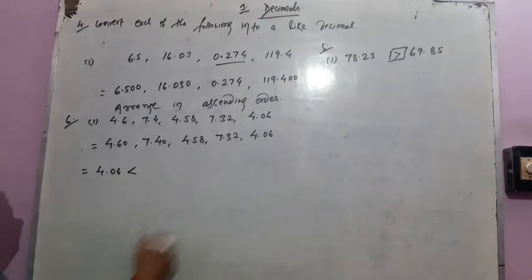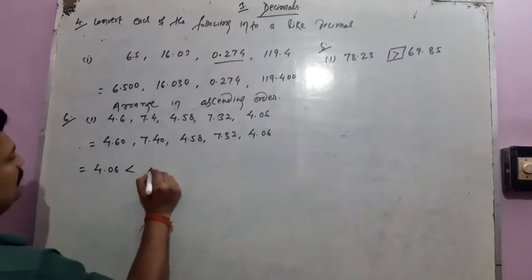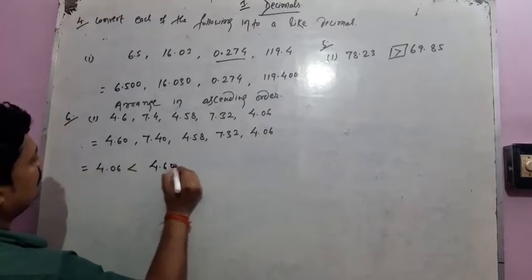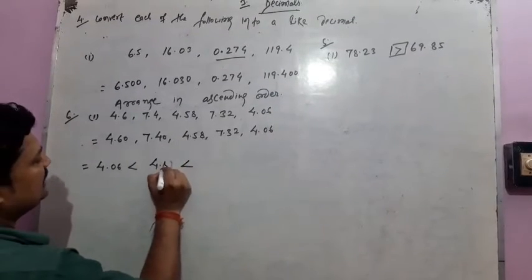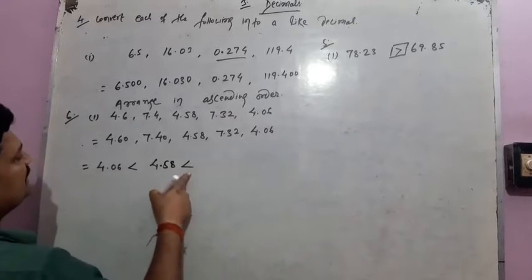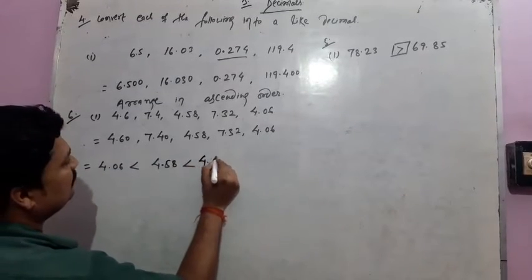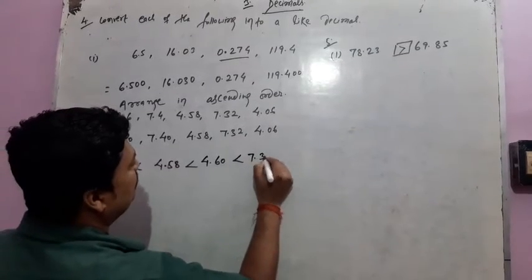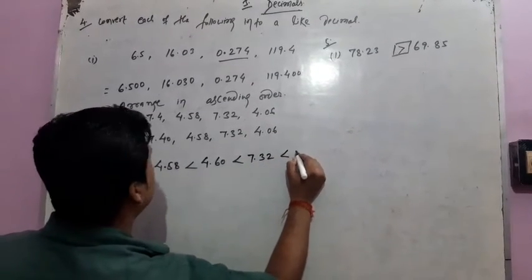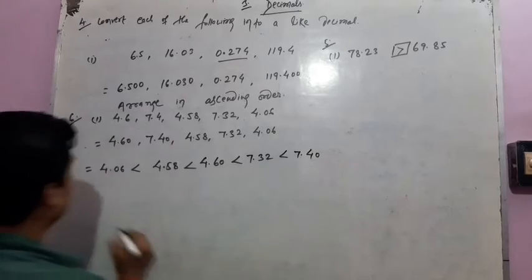4.58 is smaller than 4.60 is smaller than 7.32 is smaller than 7.40.